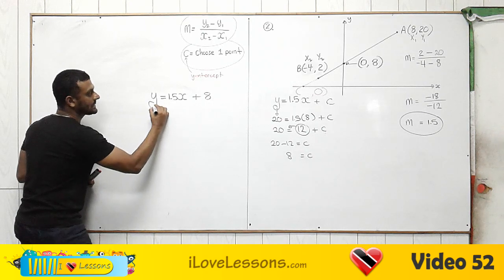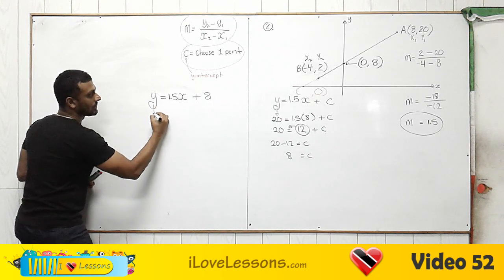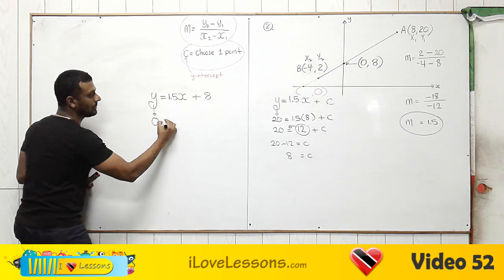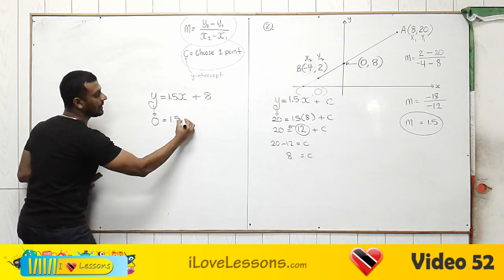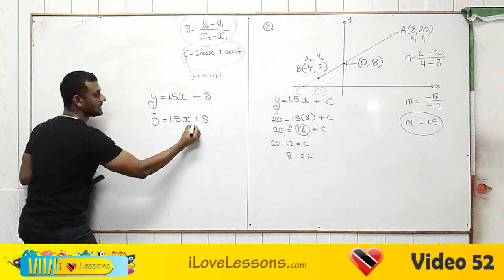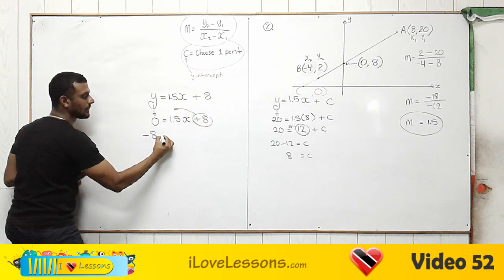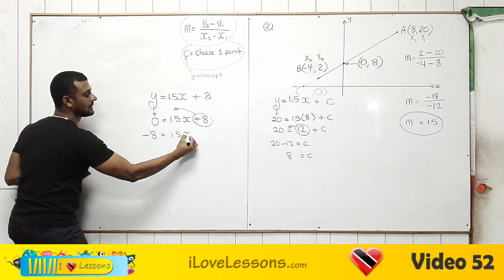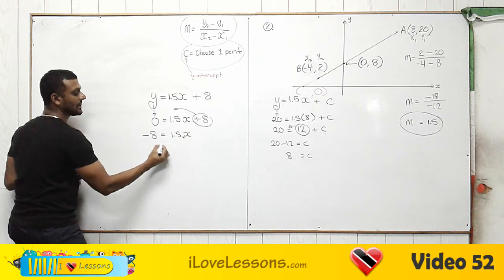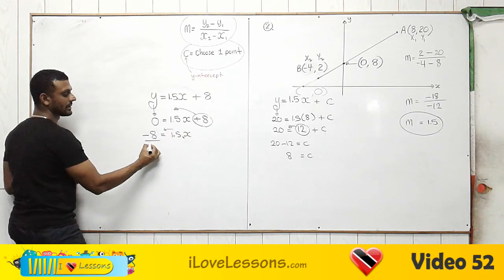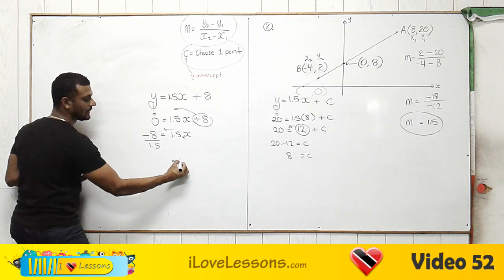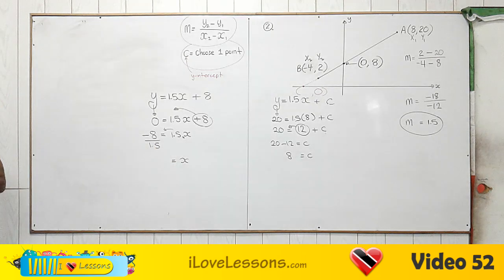We are going to replace y with 0, and we're going to solve for x. So to solve for x, we throw across positive 8, we're going to get minus 8. The 1.5 is a multiply, throw it across, we're going to get a divide. So x is minus 8 divided by 1.5, let's do that.